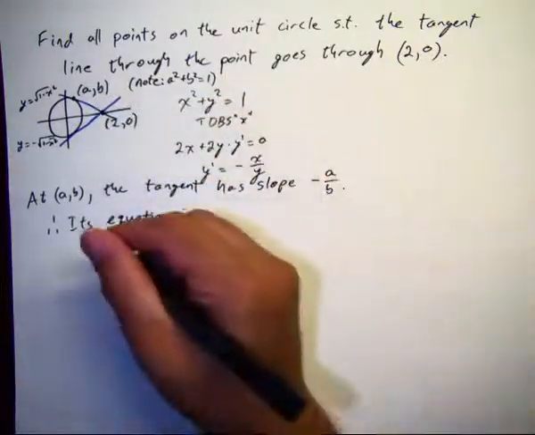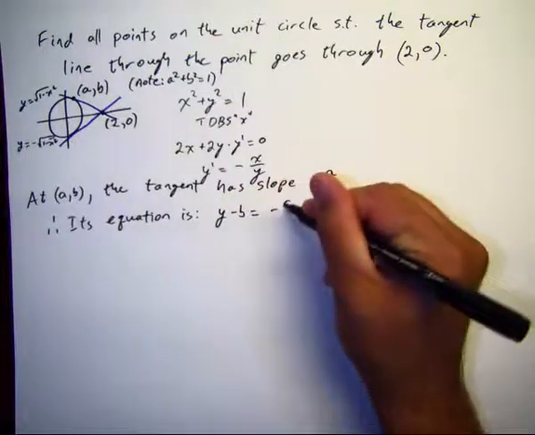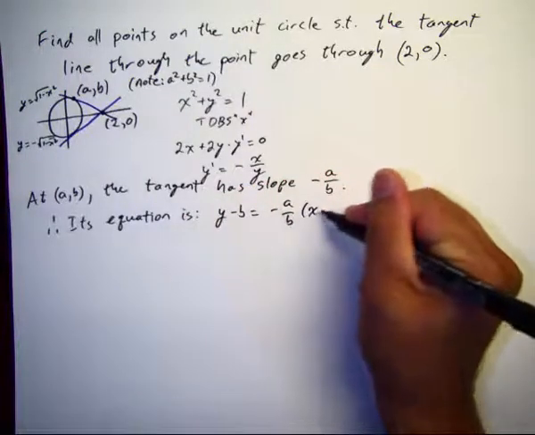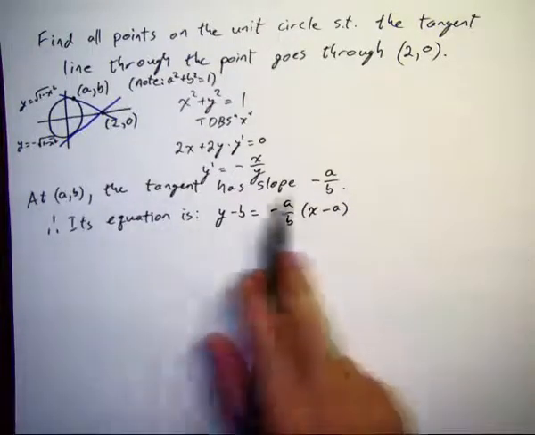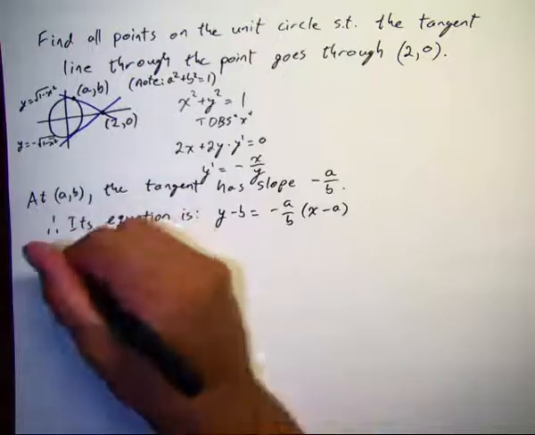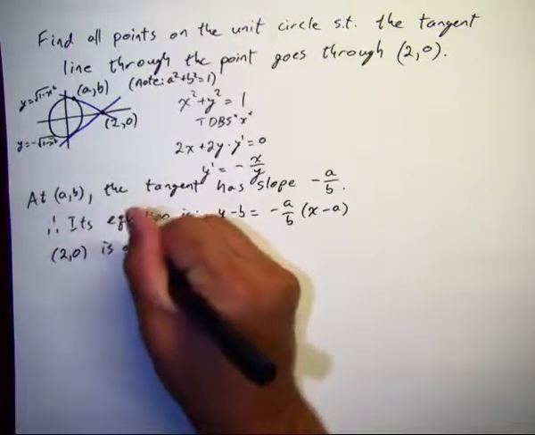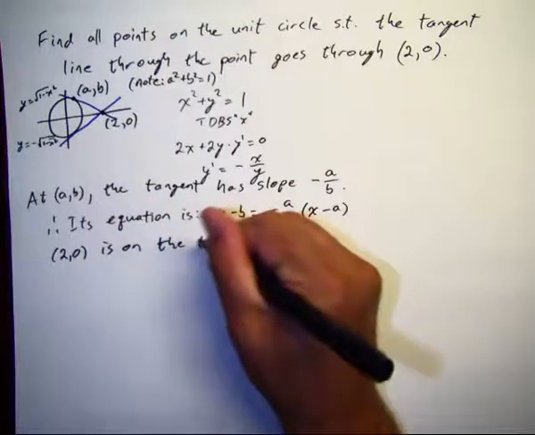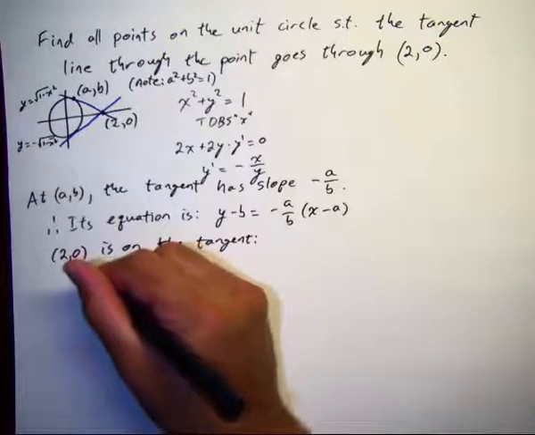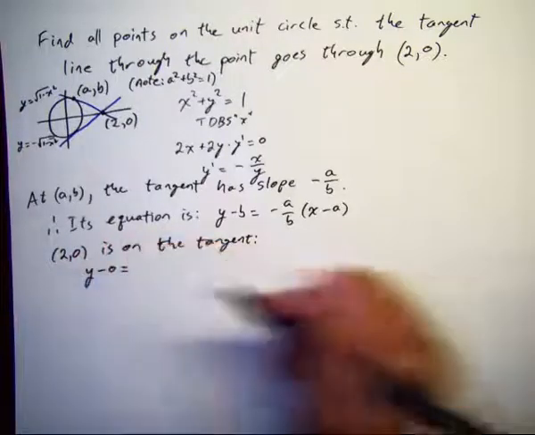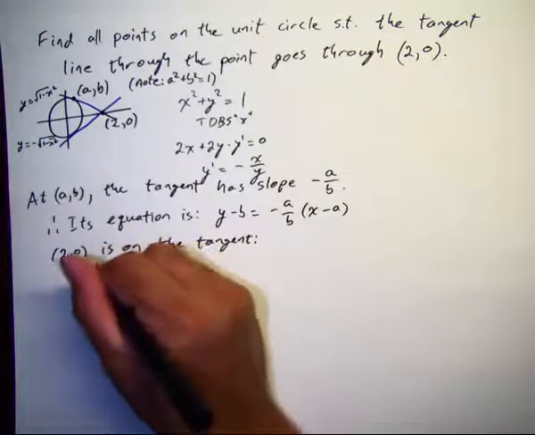So we go with a, b, and so we have y minus b is equal to negative a over b times x minus a. Right, point-slope form. And the point (2, 0) is on the tangent, meaning that we have y minus 0 is, sorry, that's the wrong bit.